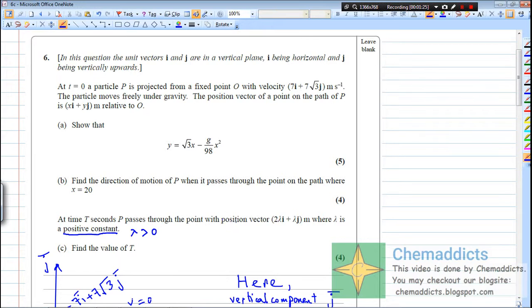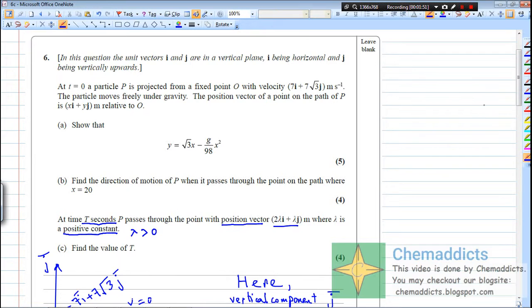Okay, here the position vector is given for this particular time t seconds. So now let us draw the diagram according to this information.